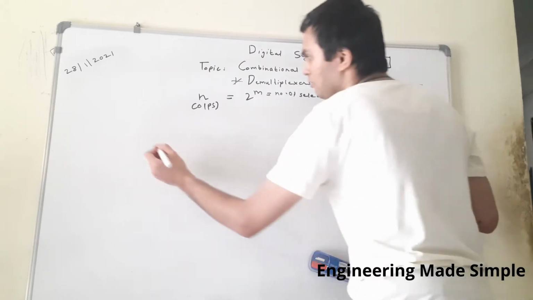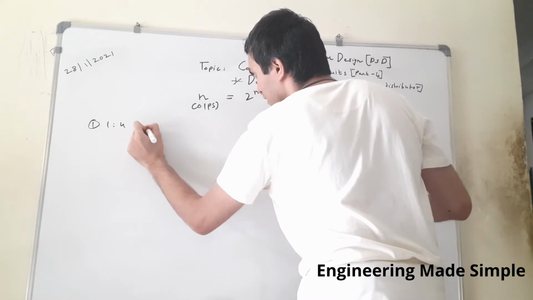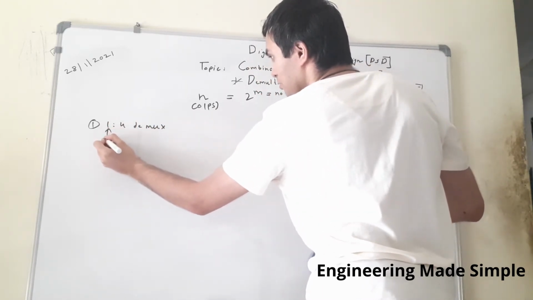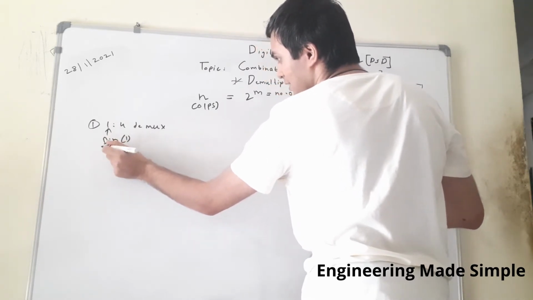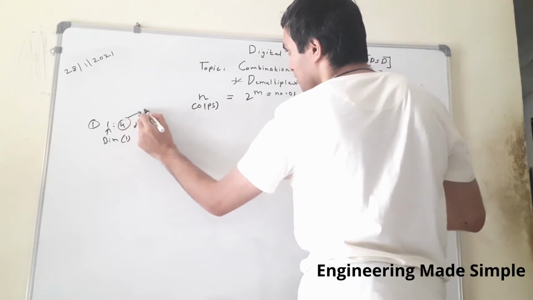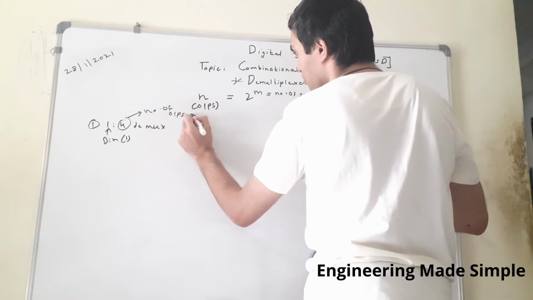Now as I told you, we are going to study the 1:4 demultiplexer circuit. Here this 1 signifies the data input, that is a single bit input, and 4 signifies the number of outputs of the demultiplexer.